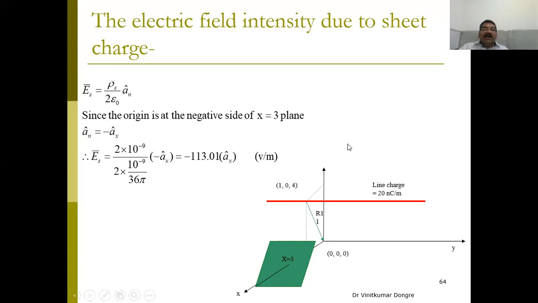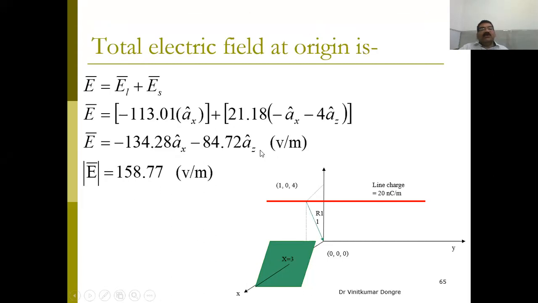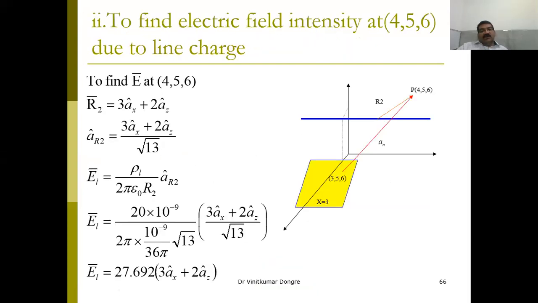The magnitude is 3, so minus 3 a_x by 3, that is minus a_x, will be the unit vector. Put the values in the formula and you will get this. Now you simply do the addition: E equals the electric field intensity due to line charge plus surface charge. Do the addition and you will get the answer. Half of the problem is solved.